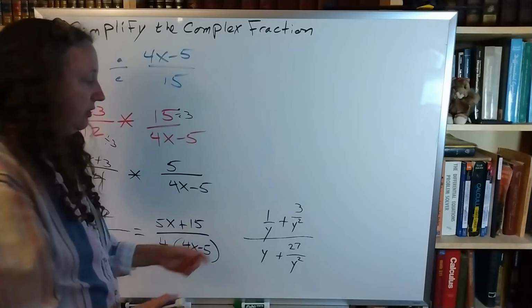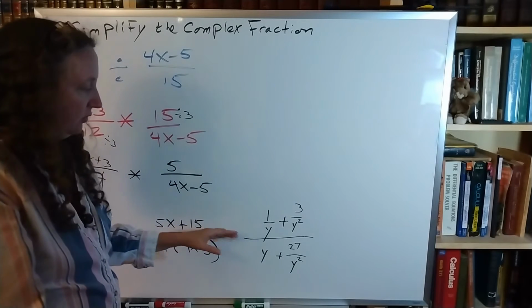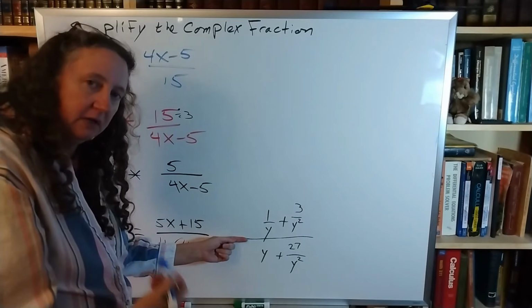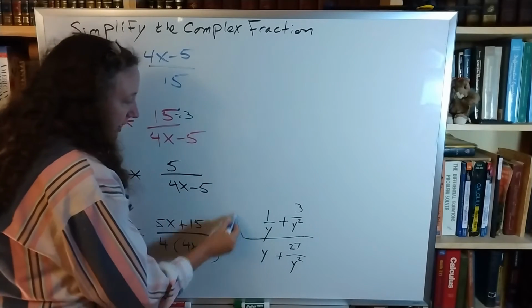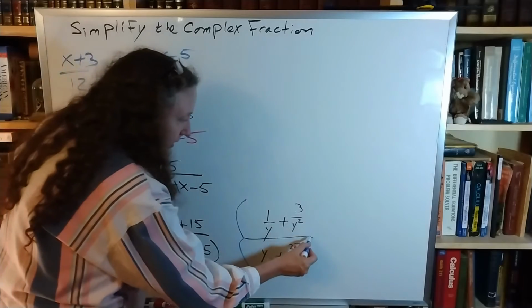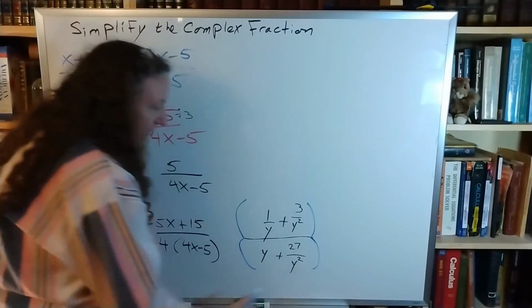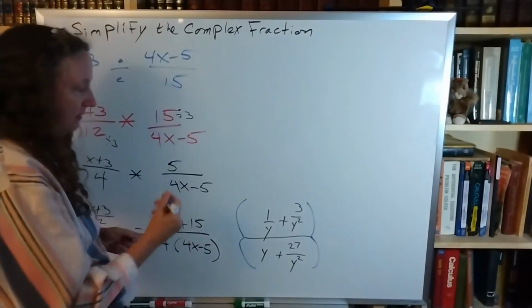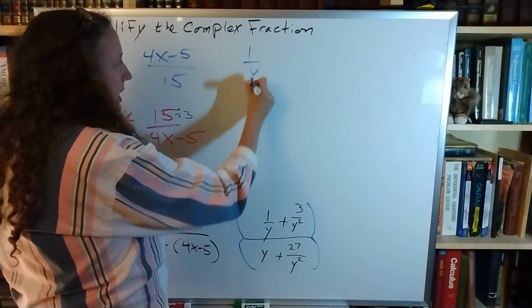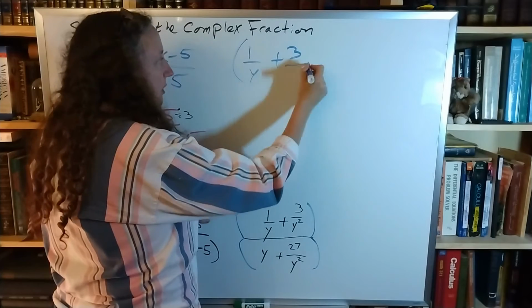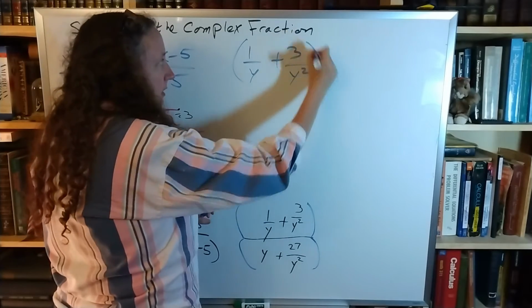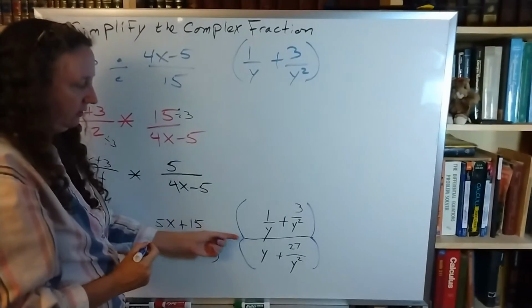Again, the first thing I'm going to do is rewrite this so that I have a divide by sign instead of the giant fraction bar. And again, you have to remember that you have the parentheses at the edge of the fraction bar. So I have 1 over y plus 3 over y squared inside one set of parentheses.